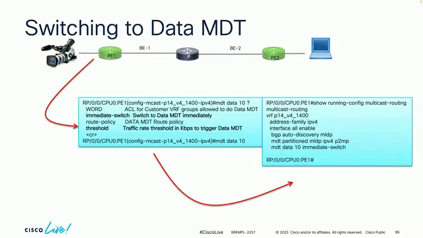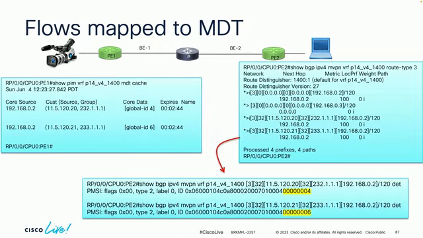So we enable data MDT something like this. Let's see what will happen when I create data MDT. As soon as I create data MDT and I send a join, and I had picked the option to switch to data MDT immediately, you will suddenly see more SG route type 3 in BGP. Earlier, the way I was identifying how to join the underlay tree was using the star entry.